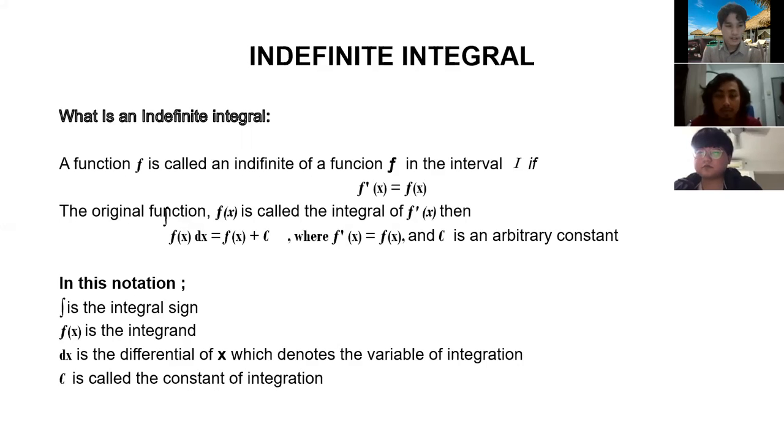In this notation, as we can see, there is the integral sign. f(x) is the integrand, dx is the differential of x, which denotes the variable of integration. C is called the constant of integration.